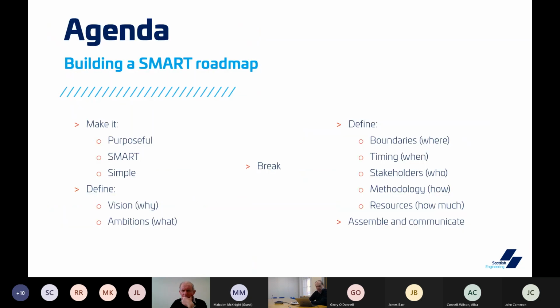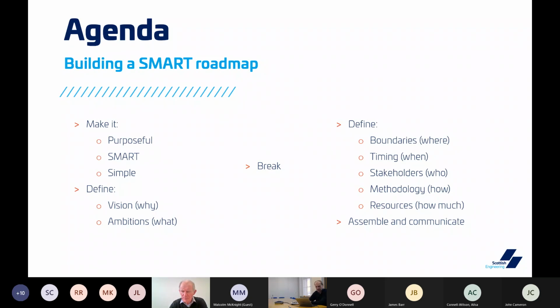So the program for today is about building a smart roadmap, and we'll focus first of all on what it needs to be. It needs to be purposeful, it needs to be smart, and it needs to be simple. Then we'll look at define, and in define we'll use the usual methodology of 5Ws and 2Hs.